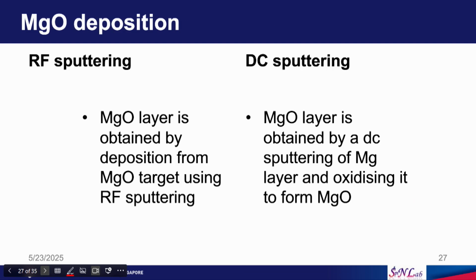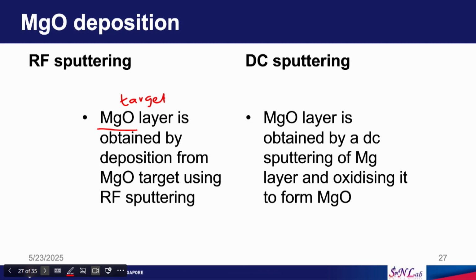So, for the industry production, there are two types of magnesium oxide deposition. One method is to have a magnesium oxide target, okay, and use radio frequency sputtering to get a magnesium oxide layer.